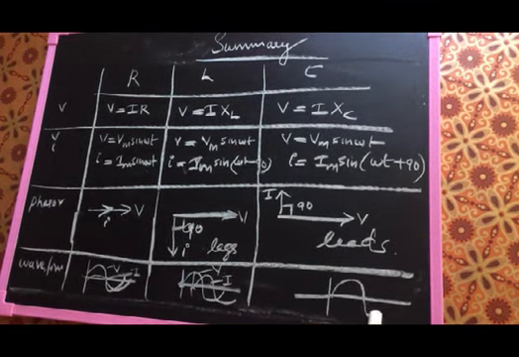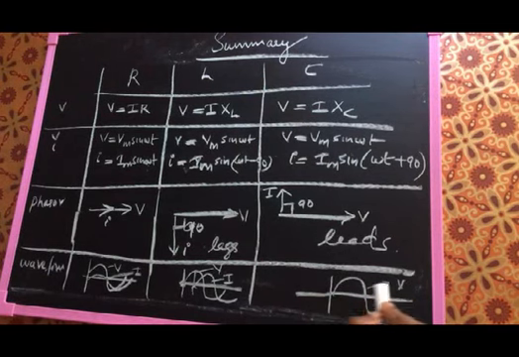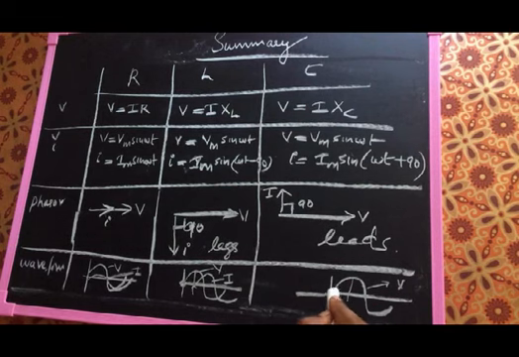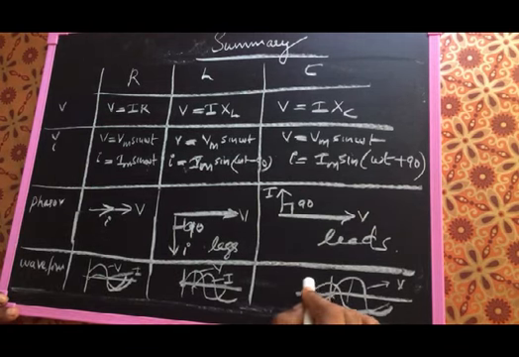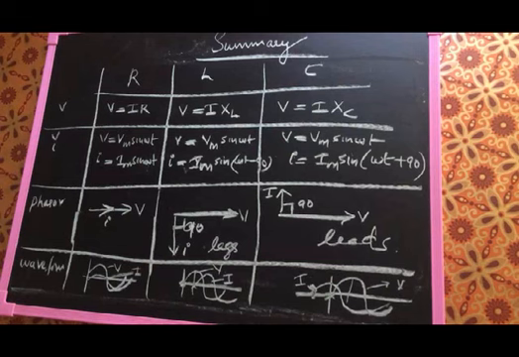If it is leading, say this is starting from 0 degrees, this is voltage V, the current leading means plus, that is before time. It should start plus 90 degrees, so from here the current will start. This is the value of current.